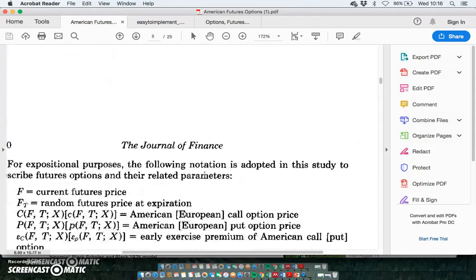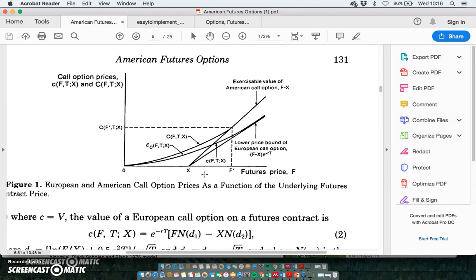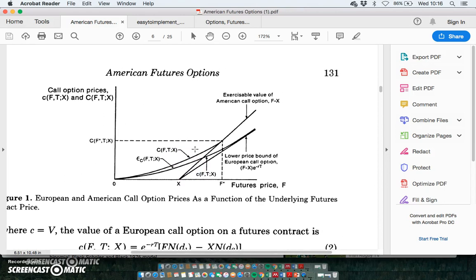In what follows, to generate this graph in Excel, I'm using initially Leisen-Reimer, just because it seems to be faster, and then we'll take a look at Cox-Ross-Rubinstein in the estimation. But again, the basic idea here is that the American option's lower boundary tends to be higher than the European lower boundary.